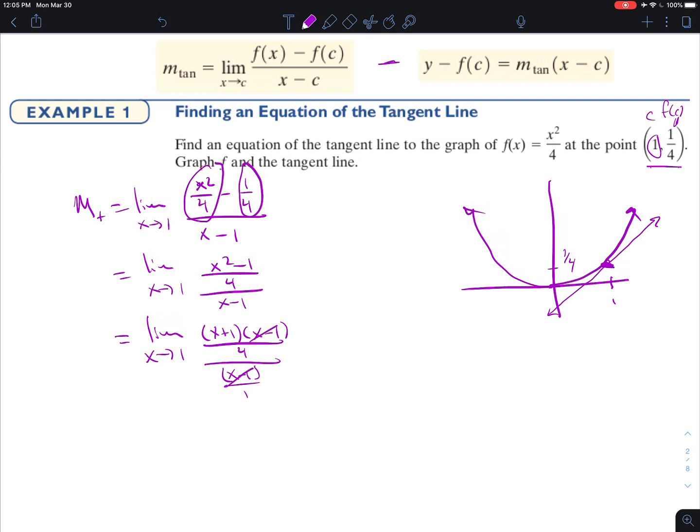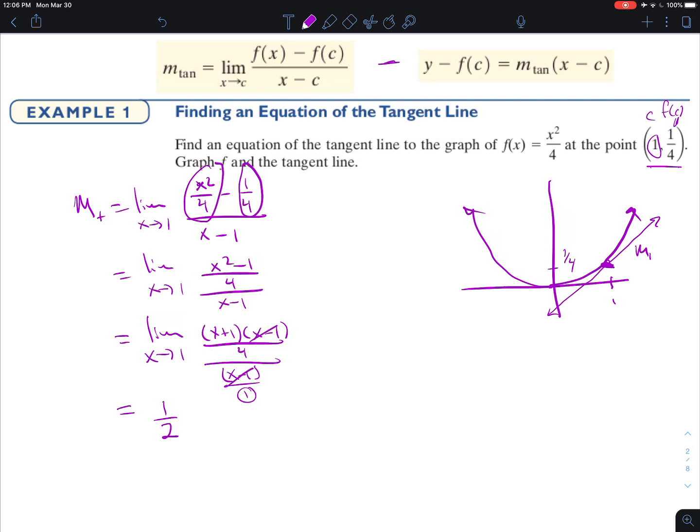We get the x minus 1's to cancel, and now we can plug 1 in, and we end up with 2 over 4, because this is just a 1 in the denominator here, so the limit is 1/2. That's the slope of this tangent line.